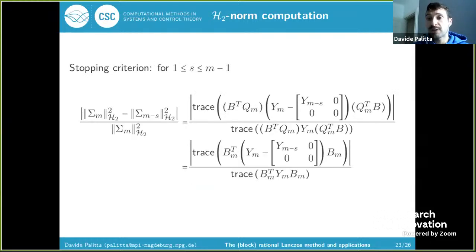For a stopping criterion, also here we need to check something that doesn't need the whole basis to be computed. So we decided to check how the current approximation differs from the previous one, that is, the H2 norm we computed at the previous iteration, in a relative manner here. And so again, here we don't need the whole basis to perform this convergence check.